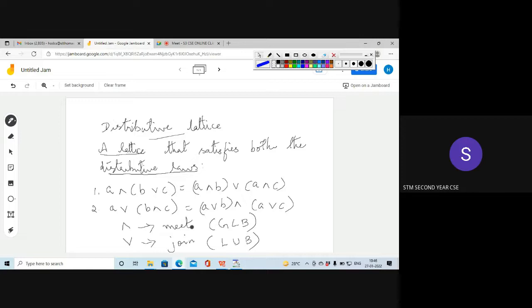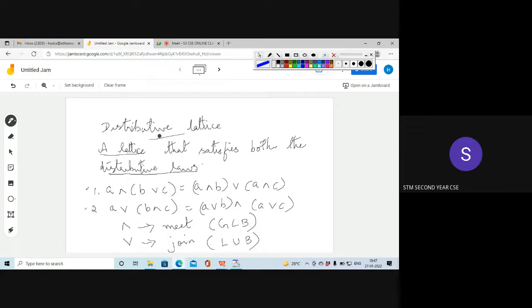So if we take any three elements in the Hasse diagram and check whether this property is satisfied, and if both properties 1 and 2 are satisfied for all possible combinations of three elements in a lattice, then we say that it is a distributive lattice.